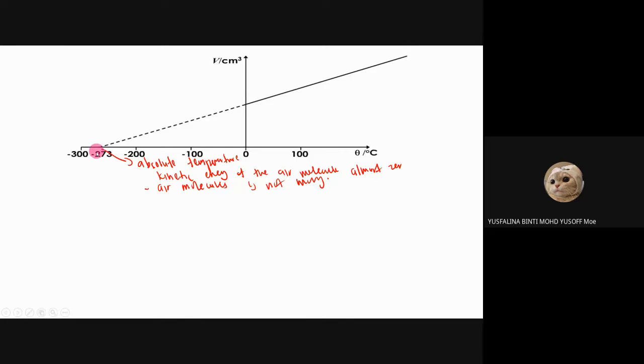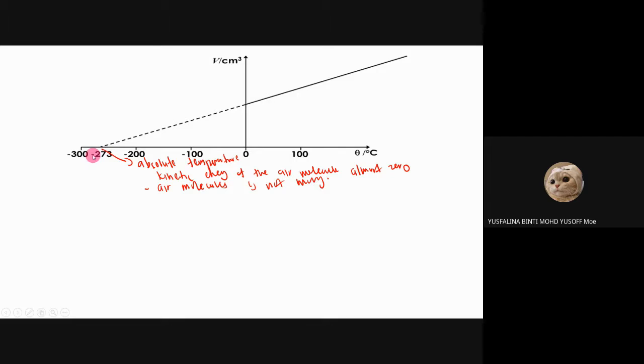So remember, this is only when the x-axis is in degrees Celsius. At the absolute temperature, the kinetic energy of the air molecules is almost zero, and the air molecules are not moving. This we call the absolute temperature.